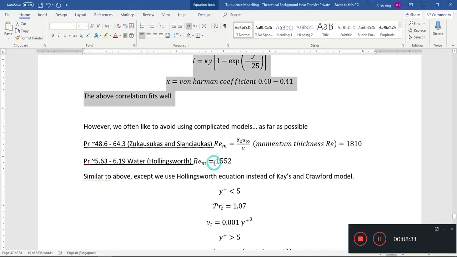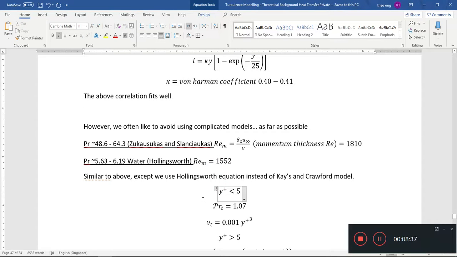Anyway, so we have more turbulent Prandtl number measurements in here. Again, these are using motor oil and water at various momentum thickness Reynolds numbers. So you have a U and then you have some characteristic length.